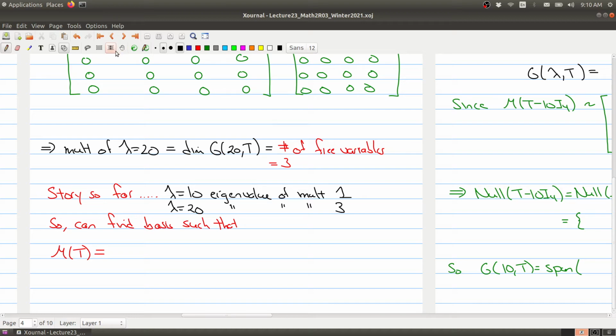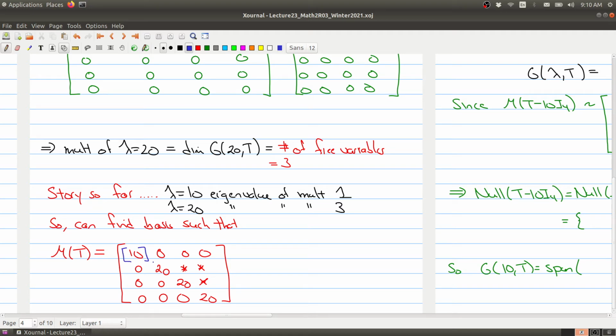The theorem says that we can find a basis such that, with respect to this basis, we can write our matrix MT in the form of 10, 0, 0, 0, 0, 20, 0, 0, 0, star, 20, 0, and star, star, star, 20.